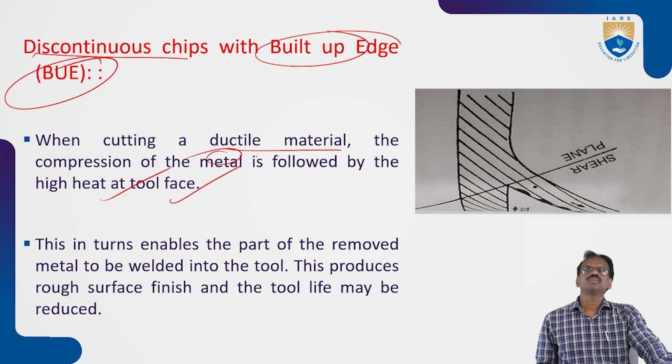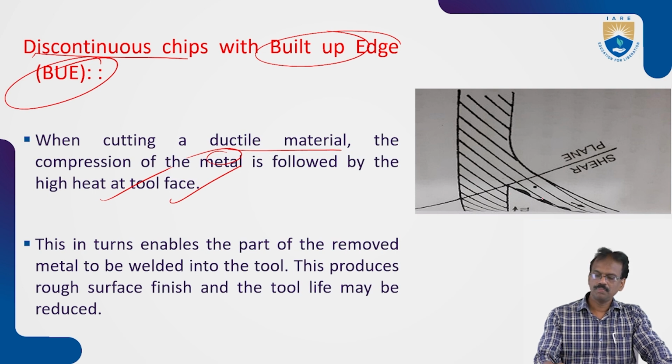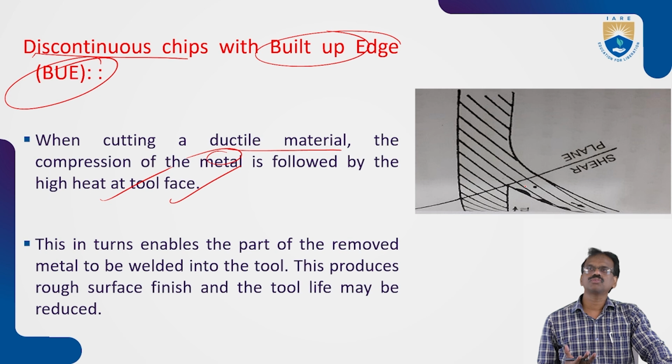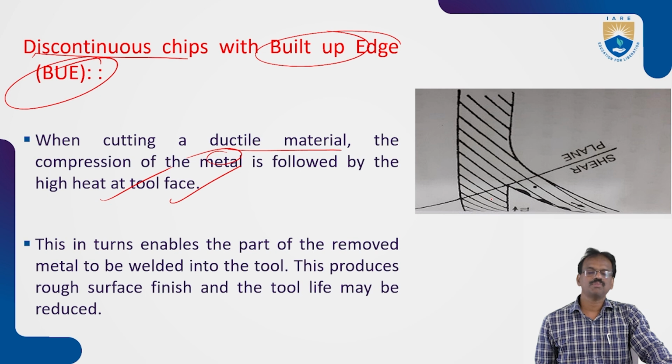Due to the high heat between the tool and the workpiece, there may be chances of welding, the formation of a weld between the chip and the rake face of the tool.